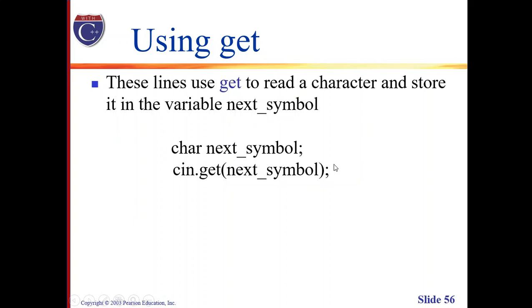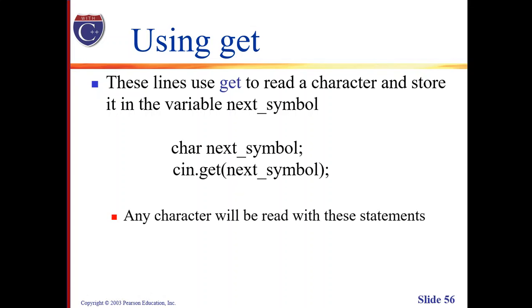We declared a variable of data type char and named it next symbol, and then we use the get function of our cin stream object, and assign the value to this character variable next symbol. Thus, any character will be read with these statements. That includes blank spaces, and it also includes the new line character.